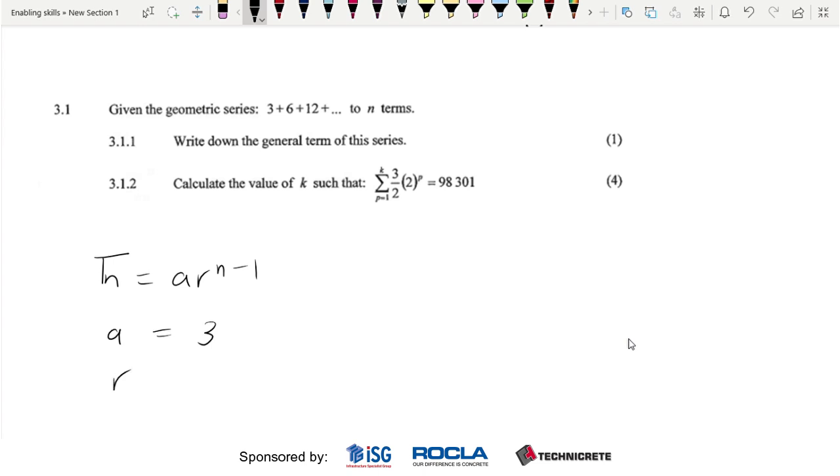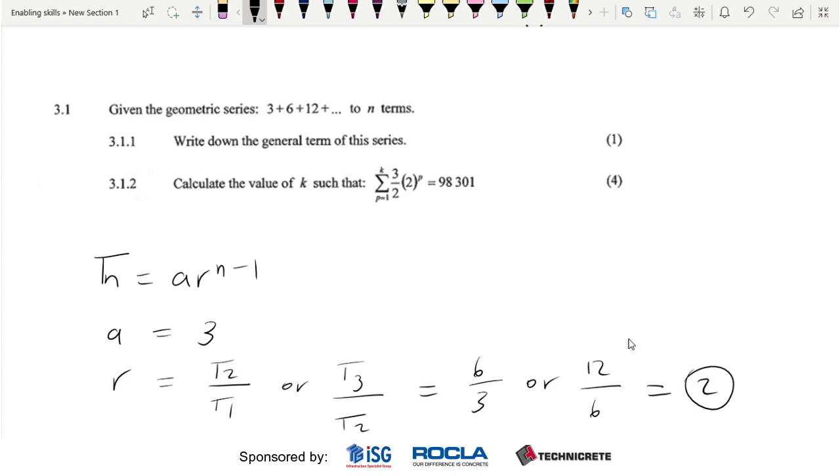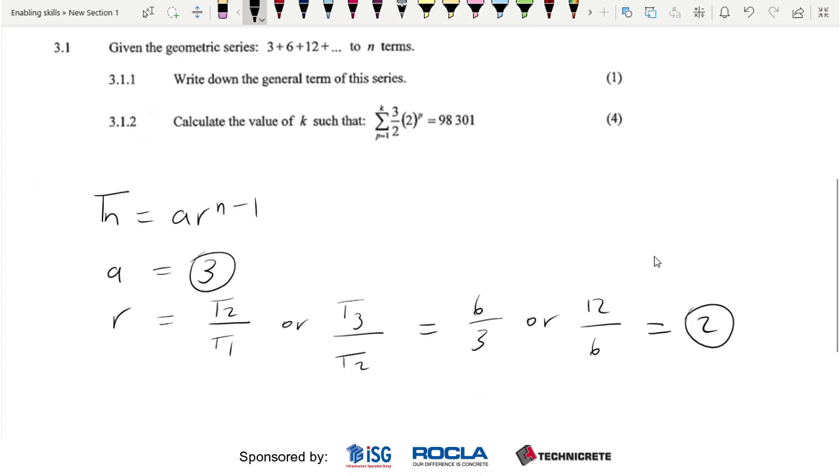R is our common ratio, which can be found by taking T2 divided by T1 or T3 divided by T2, that is 6 over 3 or 12 over 6, which just gives you 2. So we've got A is equal to 3, R is equal to 2.